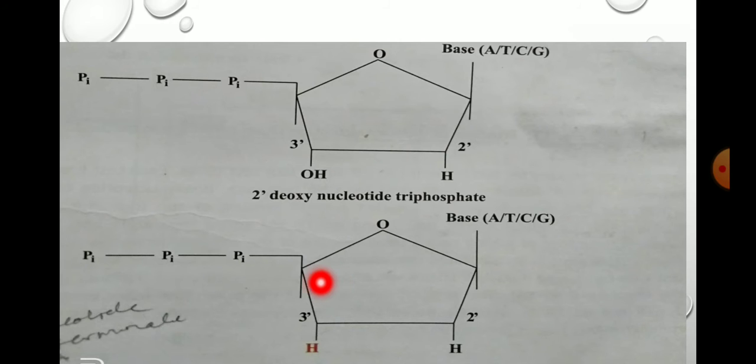So upon addition of this, chain termination will take place. It means the chain cannot be extended further because of the absence of the 3' OH group, and it is the principle of the Sanger method also.